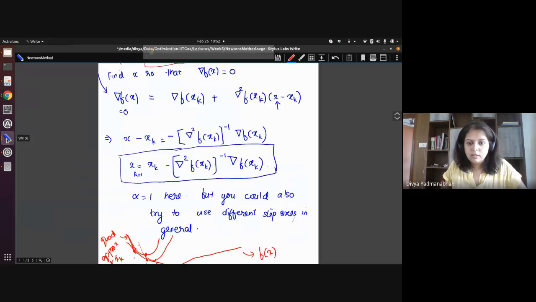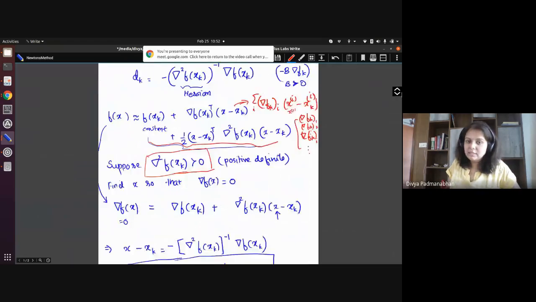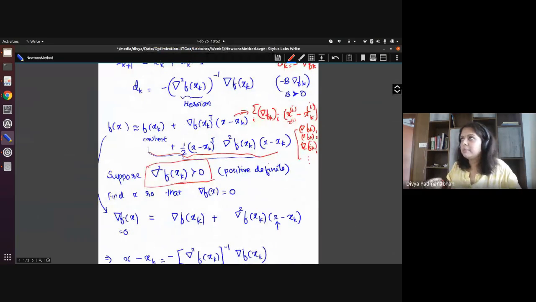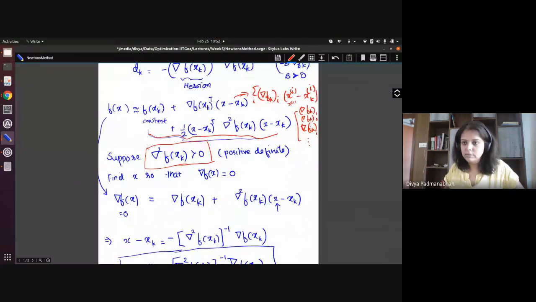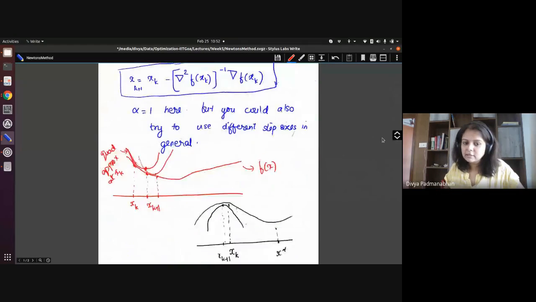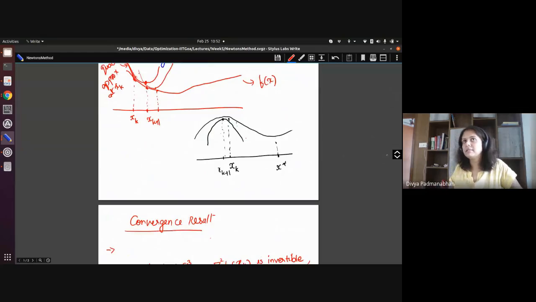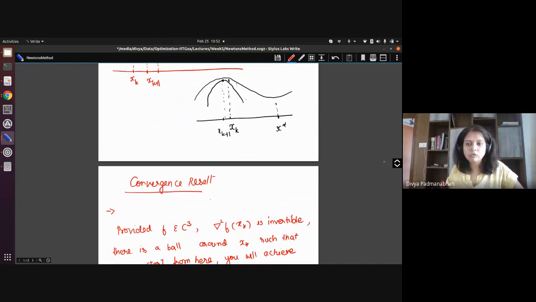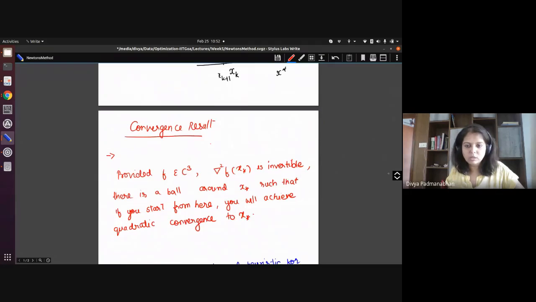All right. So this is about Newton's method. Remember last time I gave you a demo of steepest descent. Similarly, you could try Newton's method for those functions. It's an alternate method. Why do we have so many methods? Because each method performs differently with different functions. We saw a convergence result for steepest descent. For Newton's method also there is a convergence result.